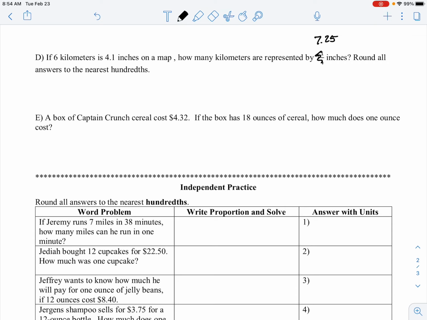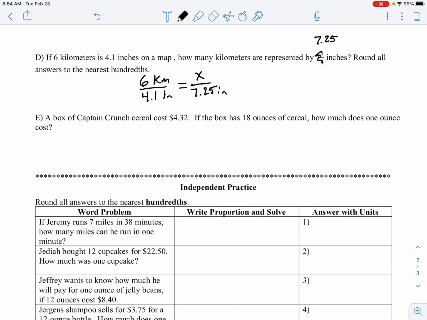Why not? All right, so if 6 kilometers is represented by 4.1 inches on a map, we want that rate to be equal to how many kilometers will be represented by 7.25 inches.